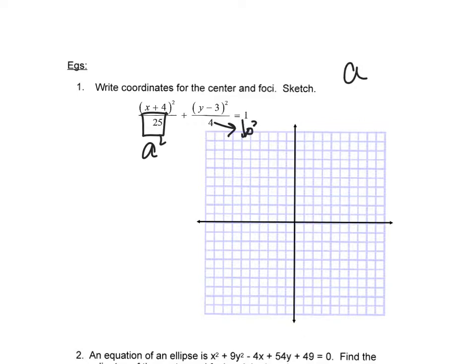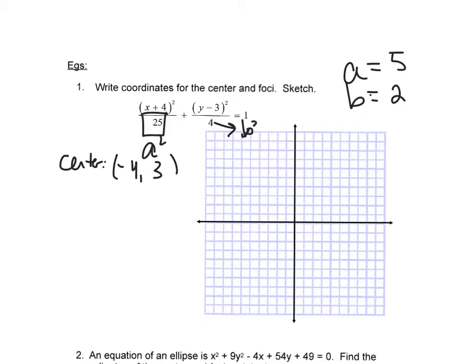So automatically a squared equals 25, so a equals 5. If b squared equals 4, b equals 2, awesome, and your center. Notice that both of those values are squared for x plus 4 squared and y minus 3 squared. So your center is -4, +3. Same attributes as our other graphs.